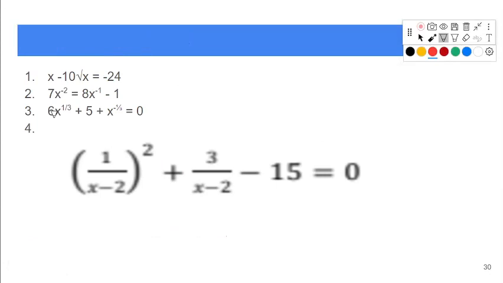I know I have some questions on these disguised quadratics. This one looks terrible, but I'll just rewrite that. So for number 1, can someone tell me, not the answer, but just how you think we should start out? Make it equal to 0.